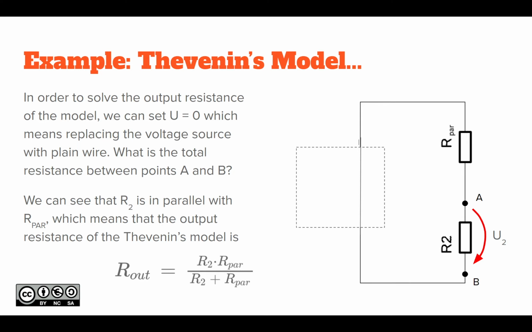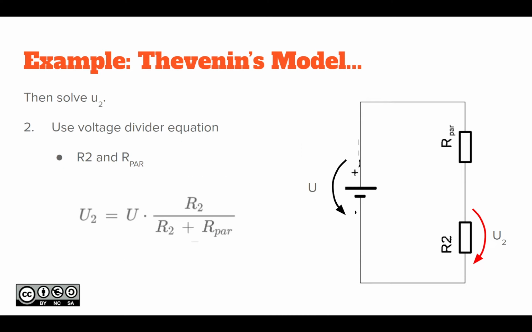Then in order to solve the output resistance, this is a trick here. This is a nasty trick, I know. We replace the voltage source with a plain wire. And why are we doing this? Think of this U here, it's known.